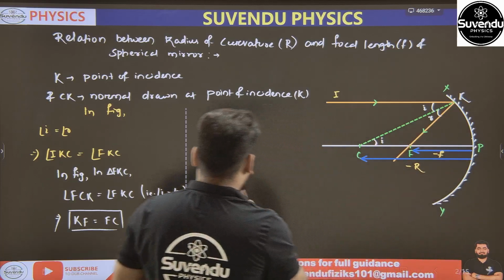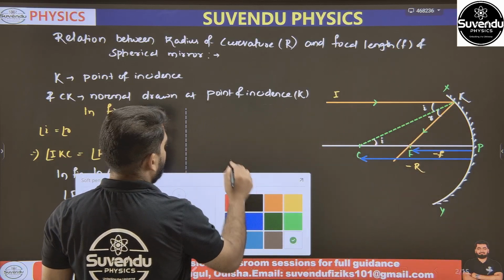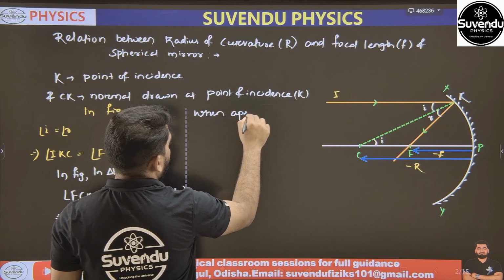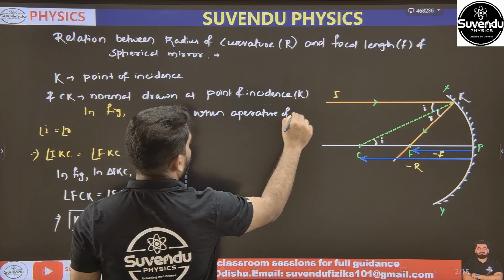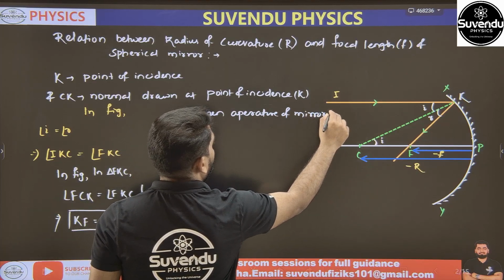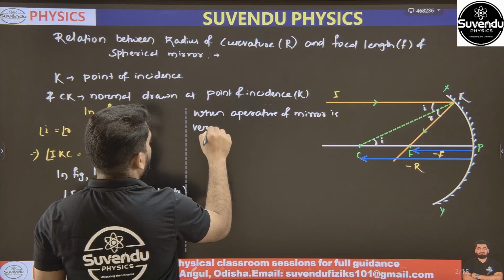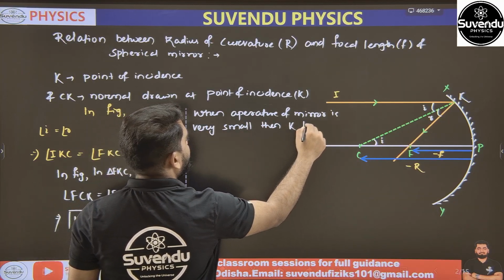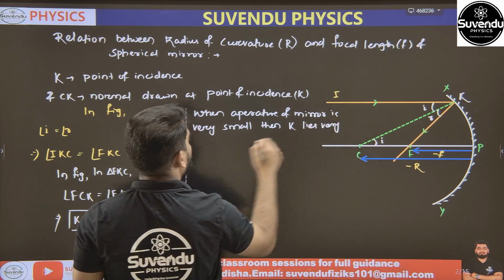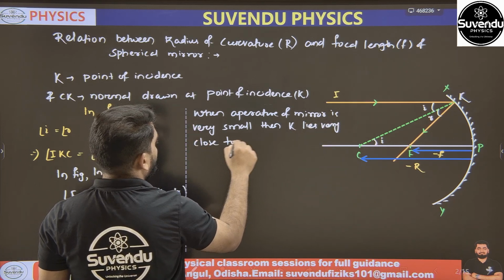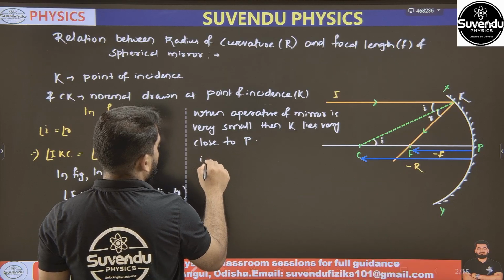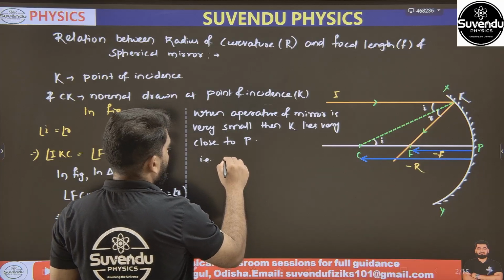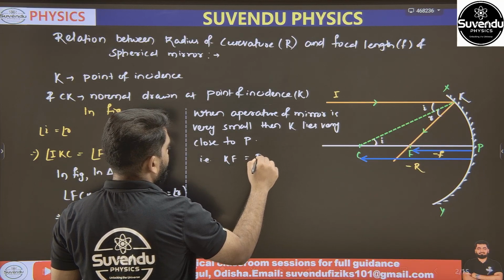So when aperture of the mirror is very small, then K lies very close to P. That means we can say KF is equal to PF.